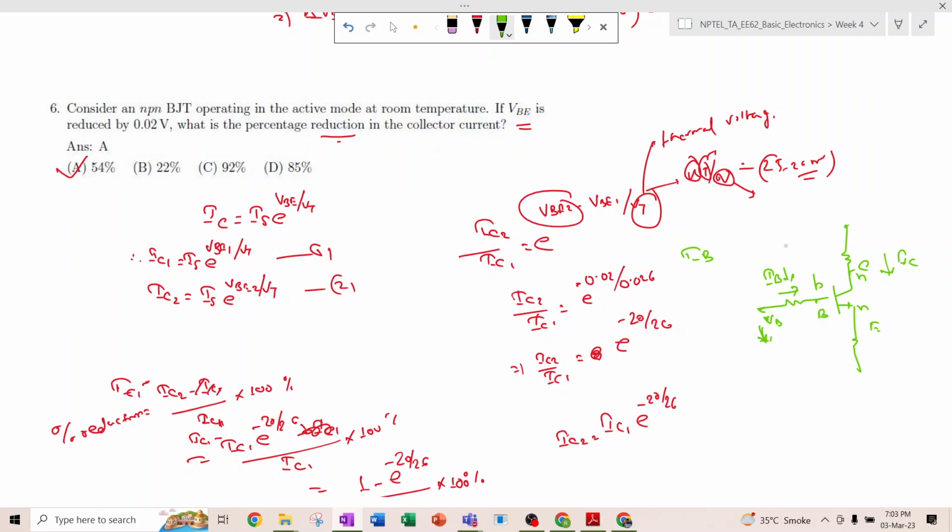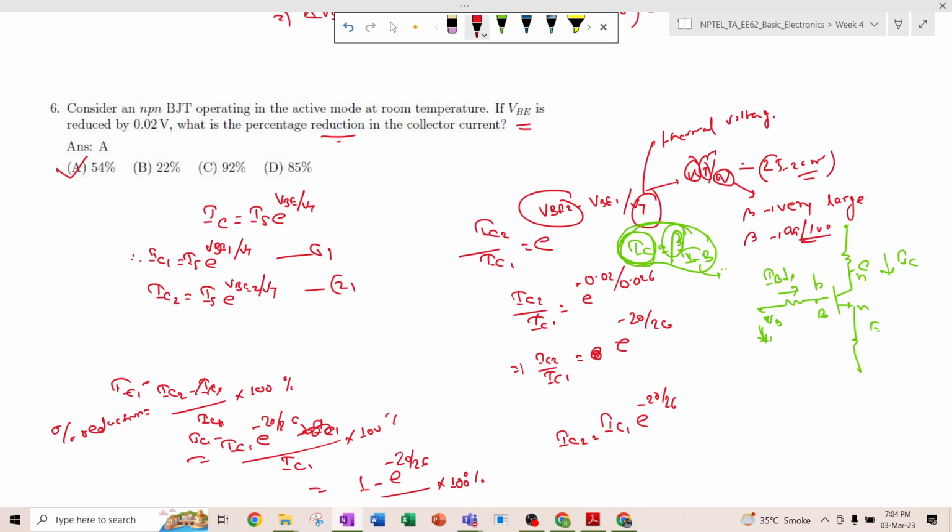This IB indeed reduces the value of the collector current, because IC can be written as beta times IB. So even a small change in IB will reflect a large change in the value of IC, because it is multiplied with beta, and beta for the BJT is very large, close to 99 or 100.